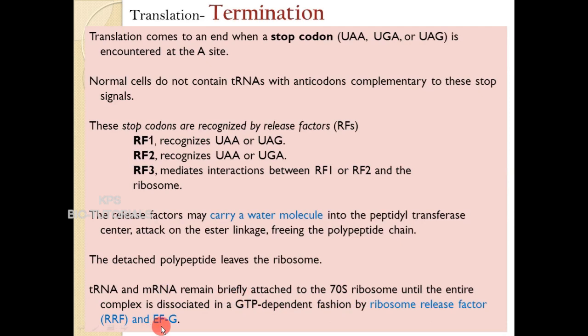These 2 factors require GTP hydrolysis to function. So with the help of GTP hydrolysis, RRF and EFG cause the dissociation of tRNA and mRNA from the 70S ribosome, and later the 70S ribosome also dissociates into the 30S and 50S subunits.